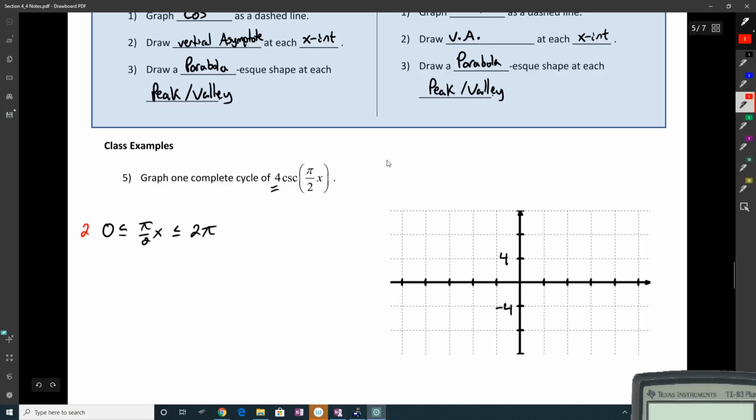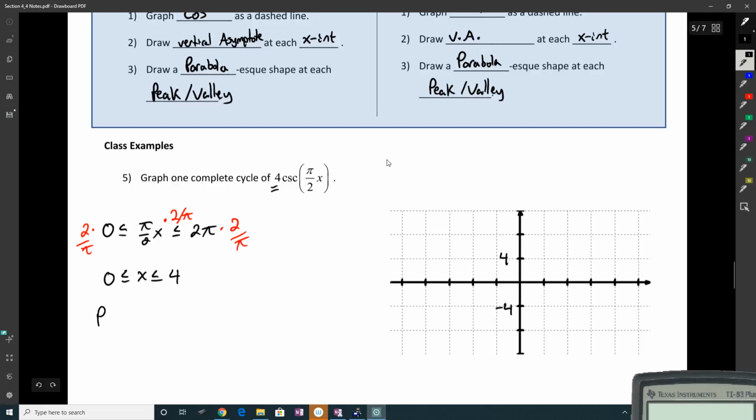If I multiply by 2 over pi, my bad, I get 0, the pi over 2 and 2 over pi cancel, and then here the pi's cancel, and 2 times 2 is 4.